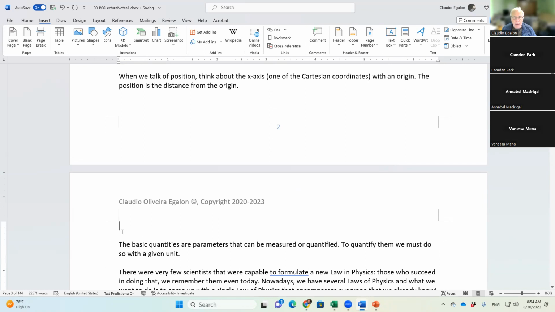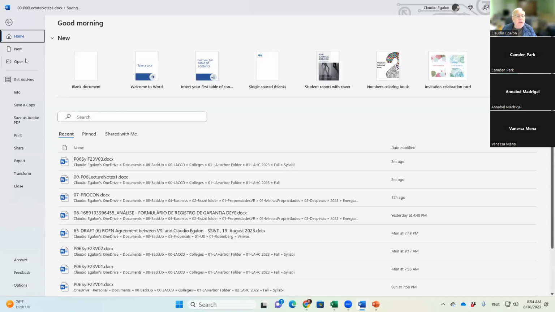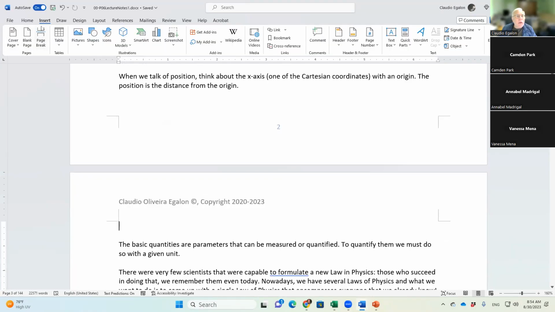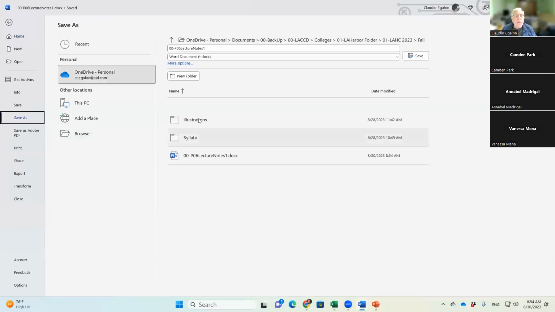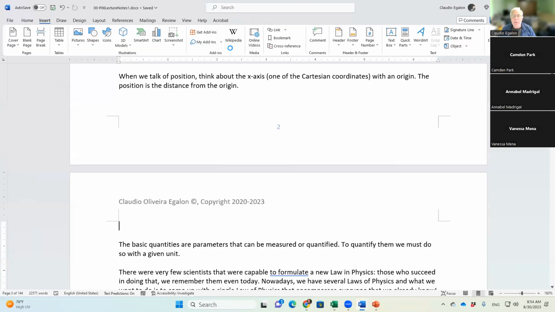And today, I'm going to do the following. I'm going to start from scratch. I'm going to make this one notes, P06 notes 1, 2, right?